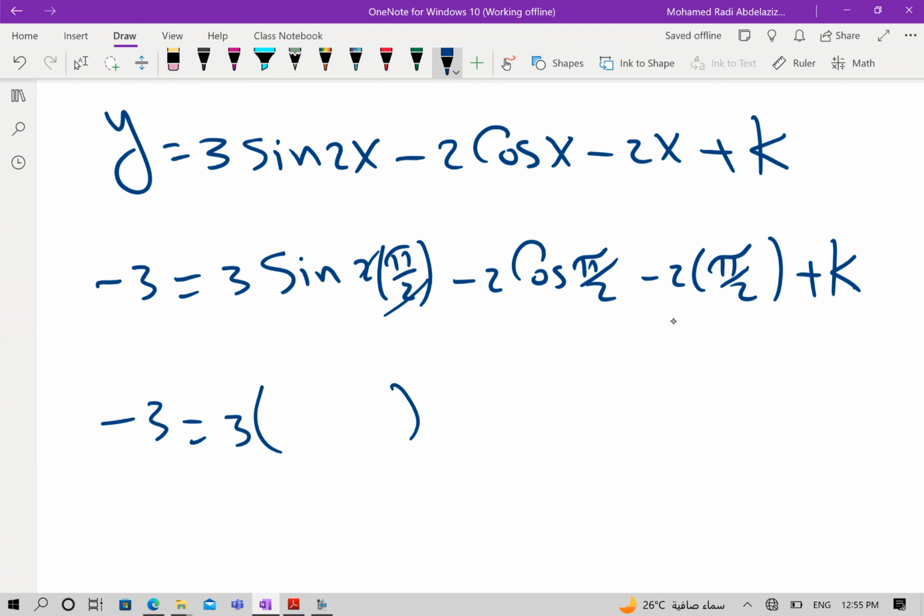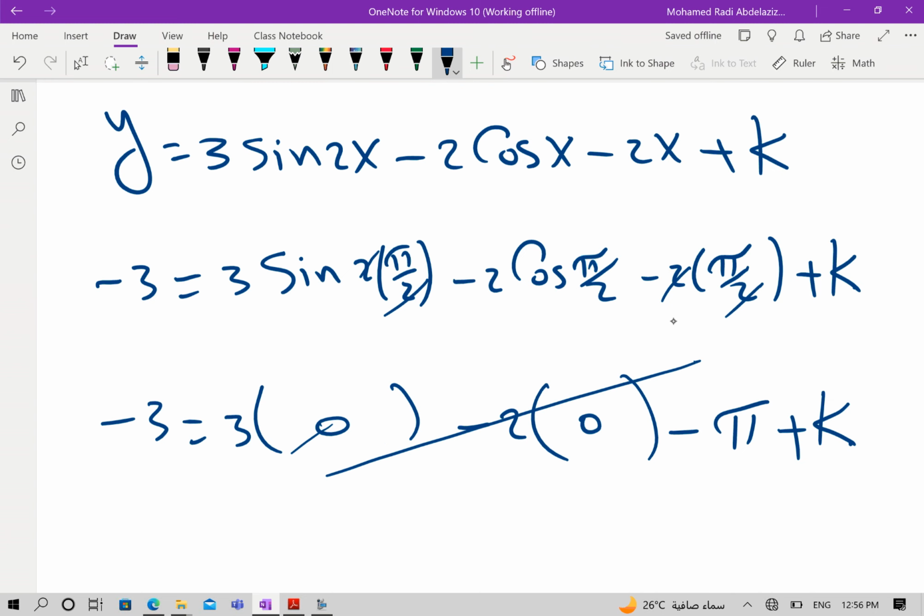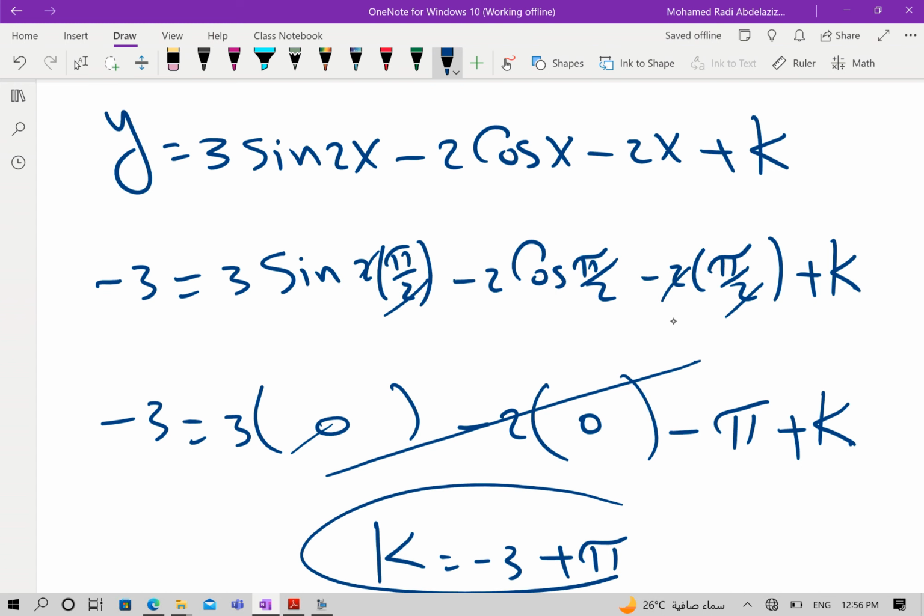Sine pi is 0, right? Minus 2 cosine pi over 2, 0. Minus pi plus k. So k is negative 3 plus pi. You can now remove k and write negative 3 plus pi.